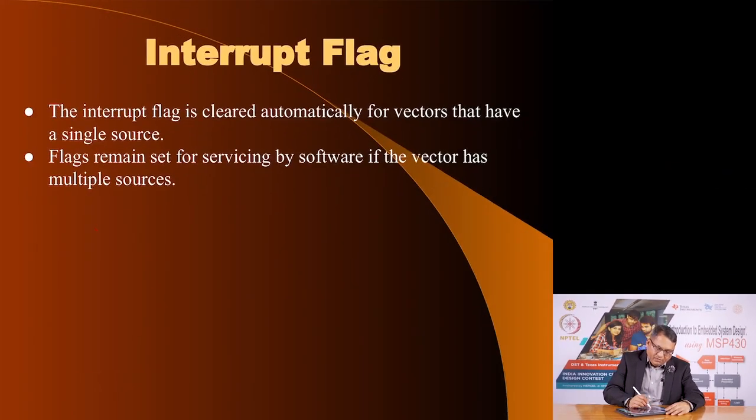For example, port 1 or port 2. Each of these ports, as you know, has 8 pins, and each of the 8 pins can generate an interrupt. But if the pin refers to port 1, all the 8 pins will have a single vector. So, it will take you to the same location, and it will have to execute the same subroutine at that location.